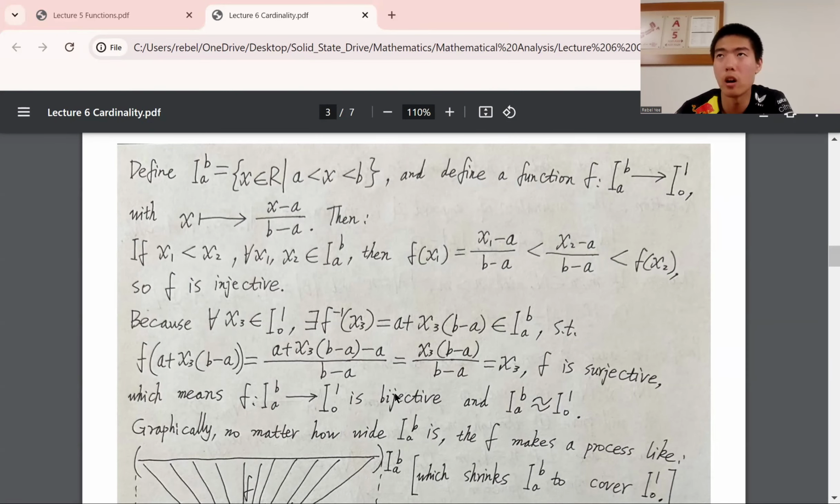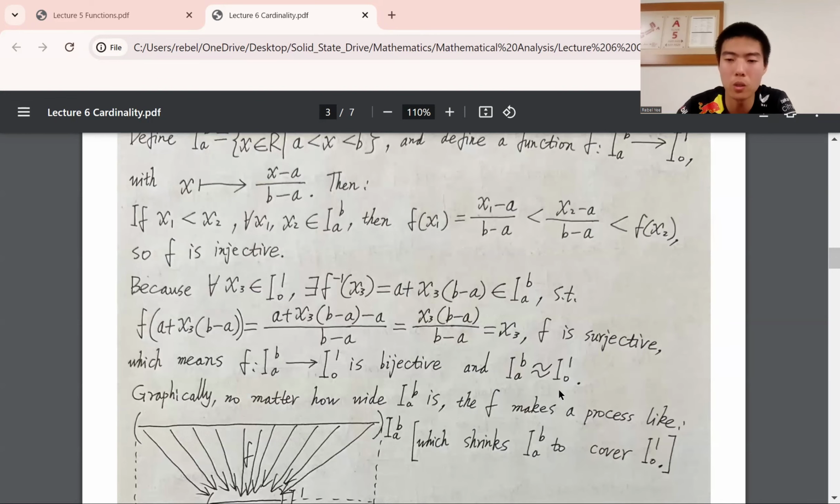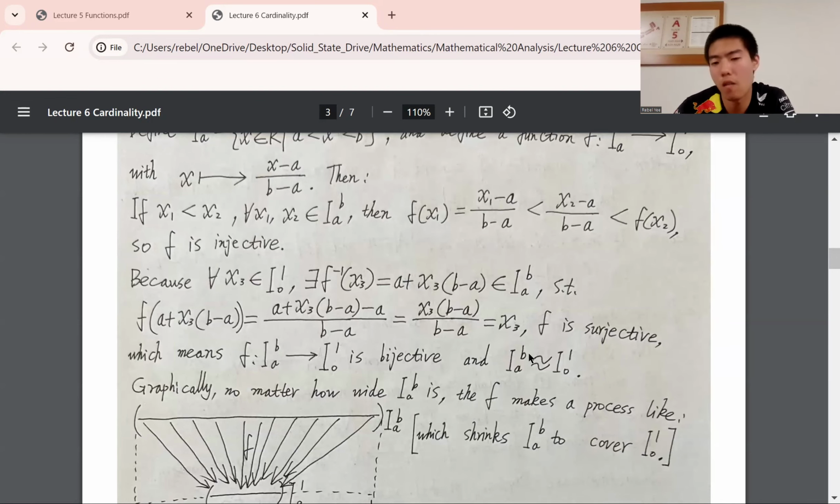And by our definition of equipotence, the open interval going from a to b has the same cardinality as the open interval going from 0 to 1. And (0, 1) is a fixed one, but a and b are not fixed, which means we can say all of the open intervals have the same cardinality as the open interval (0, 1).